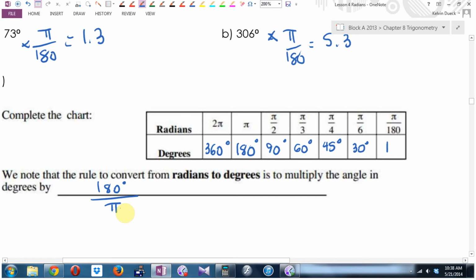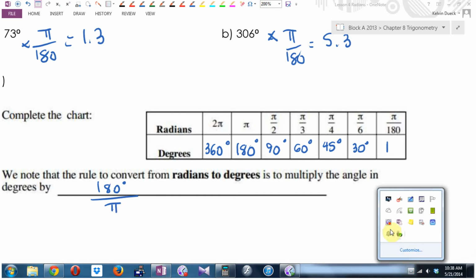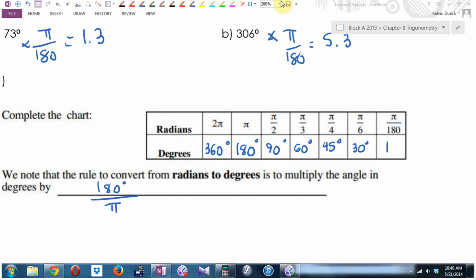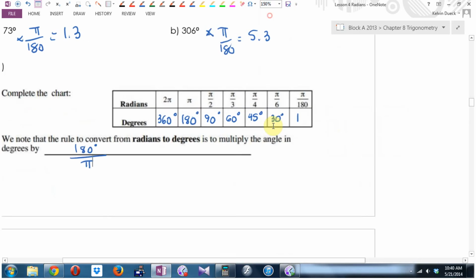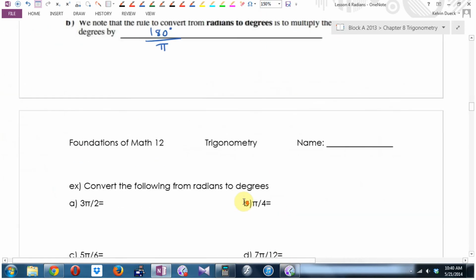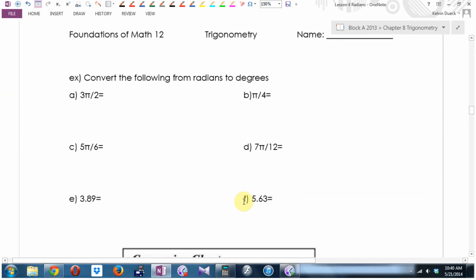In other words, if I go from hours to minutes, I times by 60. If I go from minutes to hours, I divide by 60. I'm flipping the conversion factor to go the other way. So let's try a couple of examples going from radians to degrees.